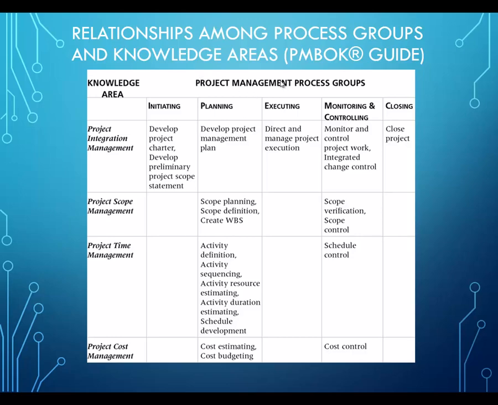As you can see in the table, on the left side we have the different knowledge areas: integration management, scope management, time management, cost management, and so on in the next slide, and how they are mapped to the different phases. And you can see the different processes that can be identified related to each group.